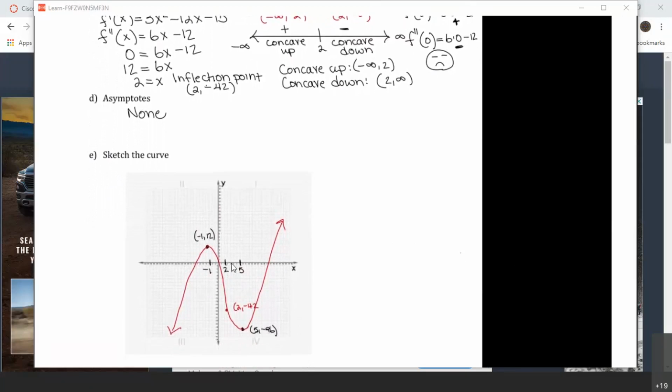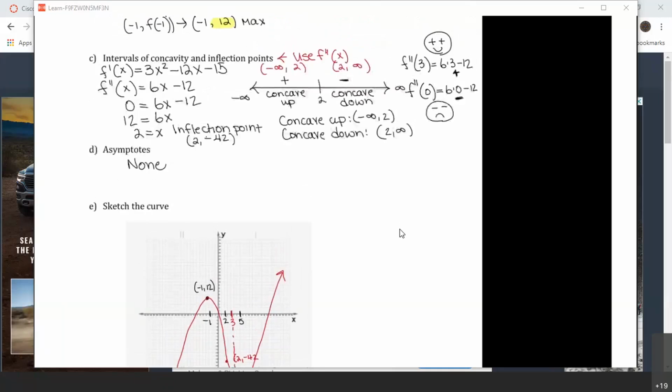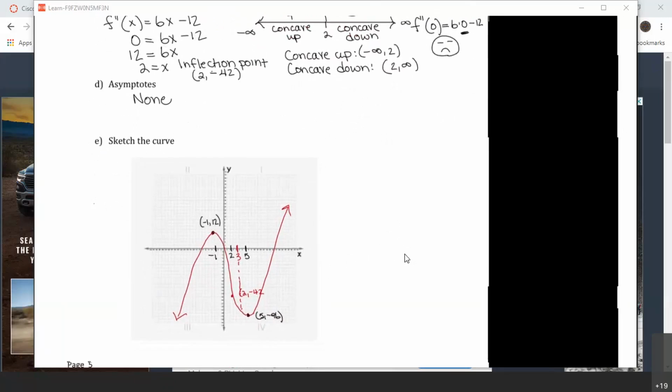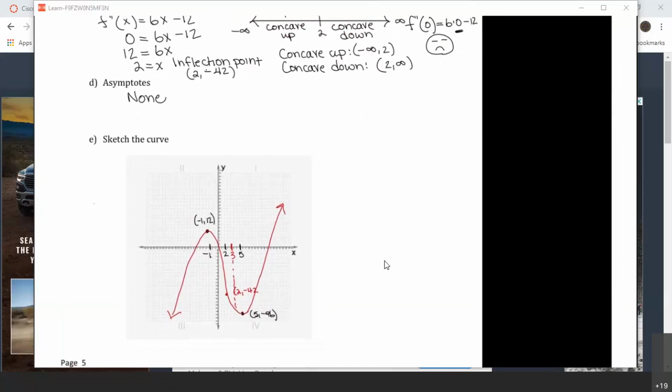Right, but at 3, you can see it's concave up. 3 would be here, and that's past where it changes concavity. The actual inflection point is at 2, where it's going from concave down. Oh wait, you see what I'm saying? It's backwards. Concave up. My bad. Thank you. No problem.